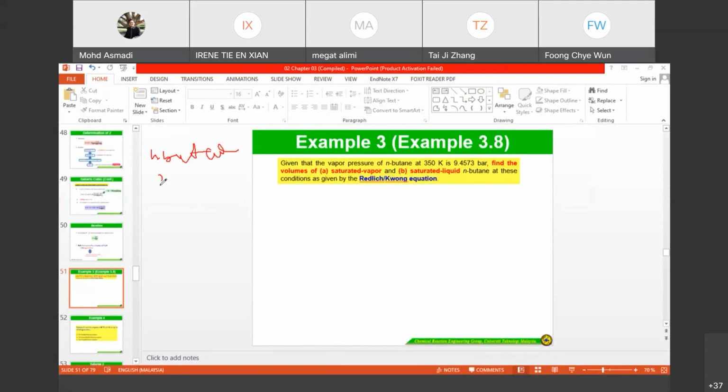The temperature is 350 Kelvin, and the pressure is 9.4573 bar.